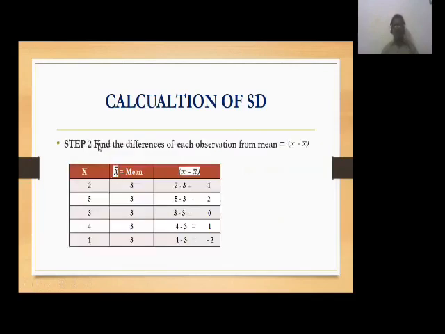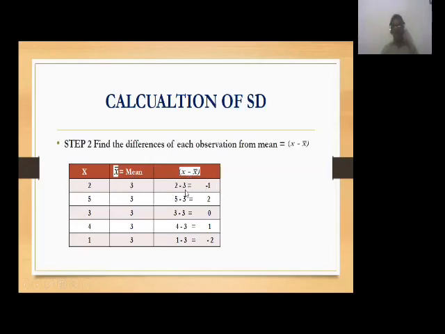Step 2, find the difference of each observation from the mean, that means x minus x bar. X is the observation, x bar is the mean. The observations are 2, 5, 3, 4, 1, and the mean we already calculated is 3. So 2 minus 3 is minus 1.